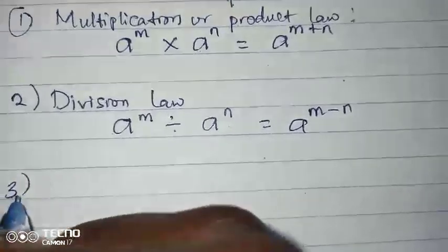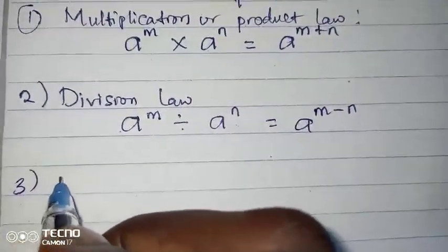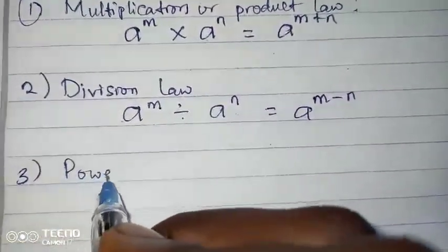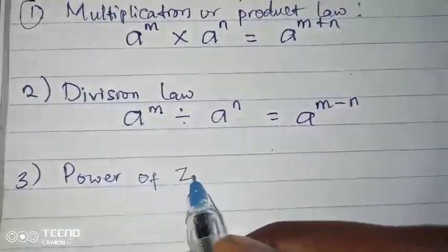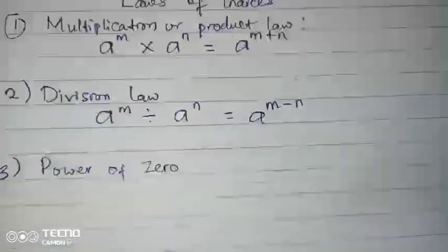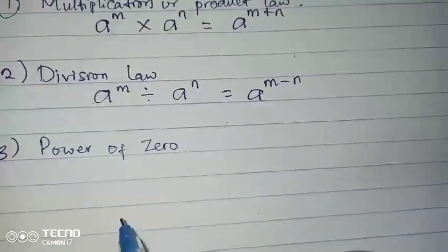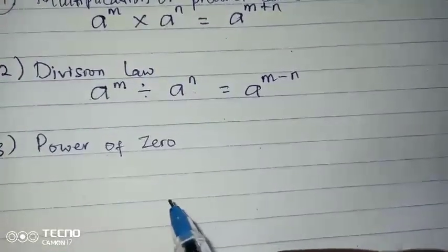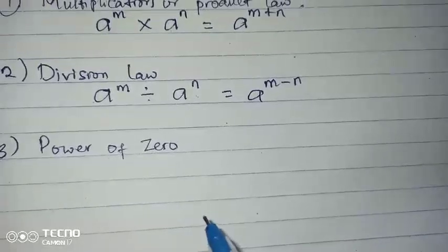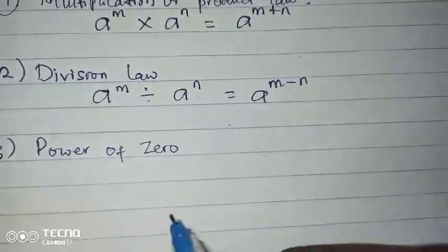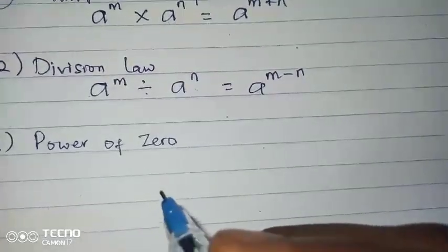Then the third law is the power of 0. This law says that any non-zero value raised to the power of 0 is 1.